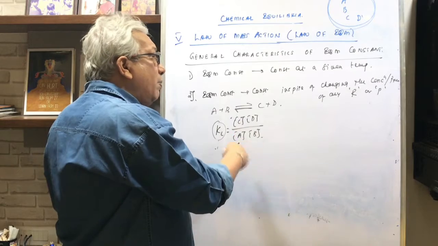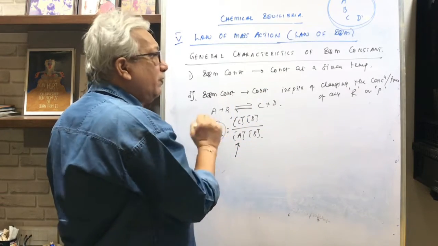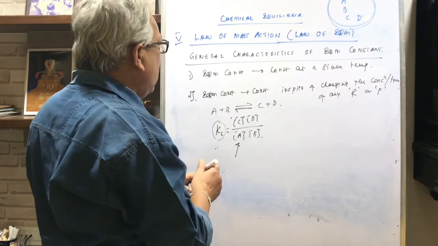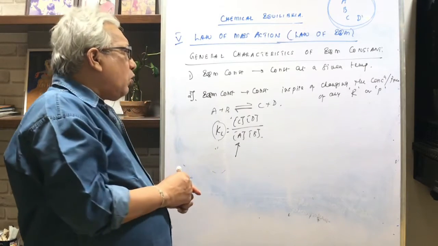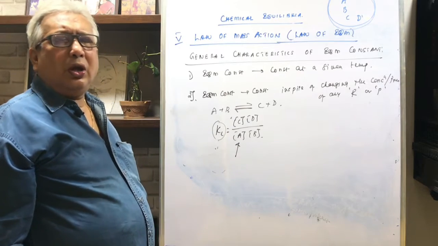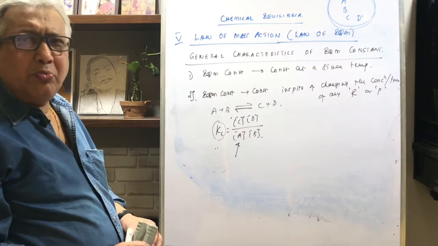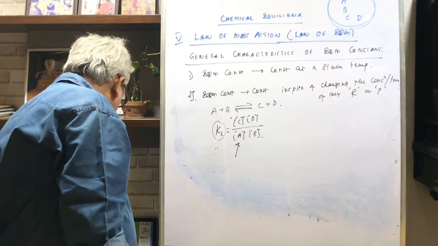Meanwhile, the amounts of C and D have become more, in such a manner that the value of Kc remains constant. So the point is this: the equilibrium constant will remain constant whether you change the concentration or pressure of any of the reactants or any of the products at a given temperature.